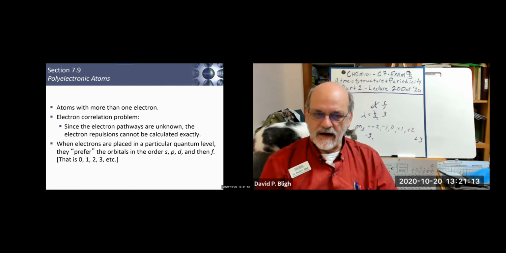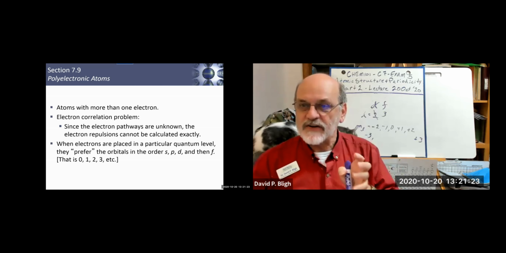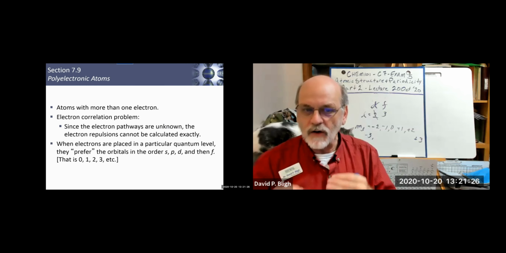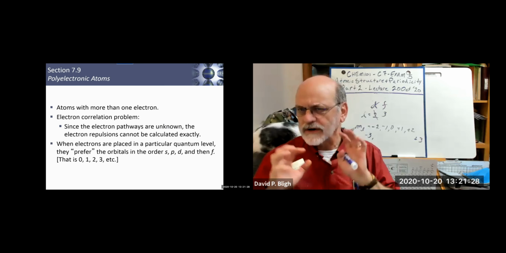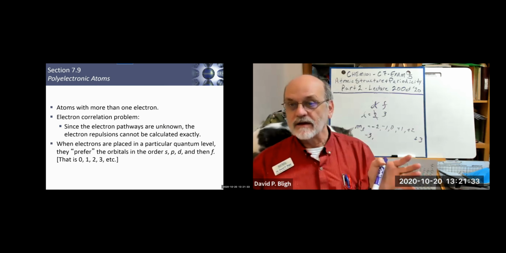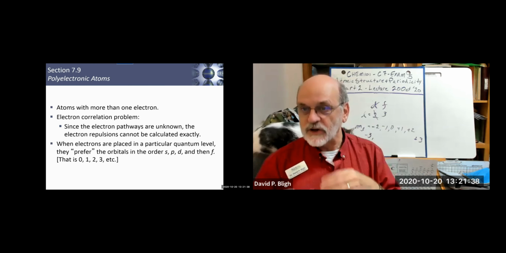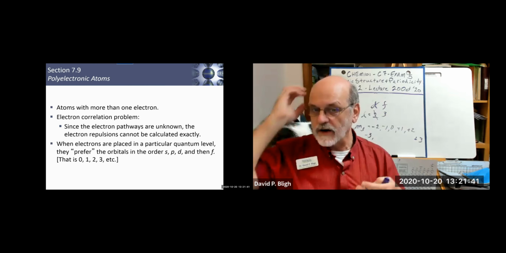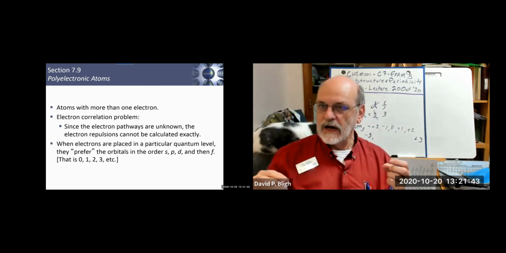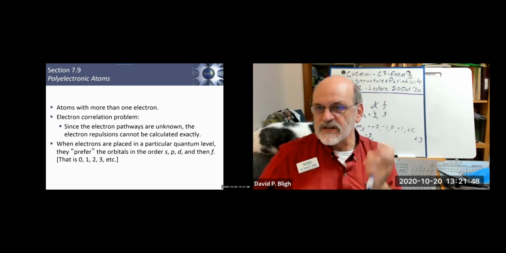And it's impossible, let me just put it that way, it's impossible to calculate how these electrons will interact, right? Because they're all negative charges and there's some repulsion. That didn't go away with the quantum mechanical model. You still have the electron repulsions that are there, and they influence how the energy levels are positioned around an atom.